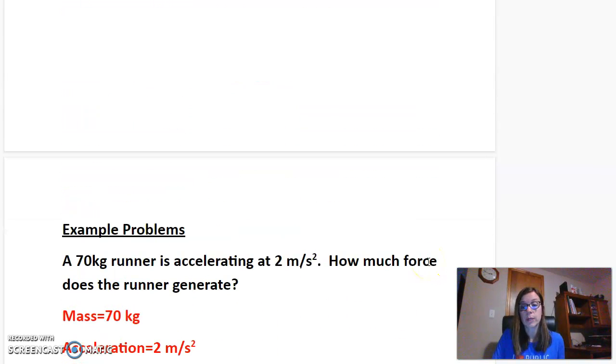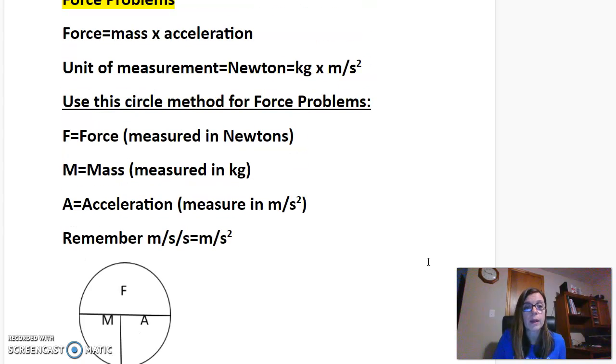You'll have to pay attention to what's going on in your problem, but as a general rule, force is measured in newtons and mass is measured in kilograms. That's the SI unit. And acceleration is measured in meters per second squared. So if you're thinking about how to label this, those are some general things to keep in mind.